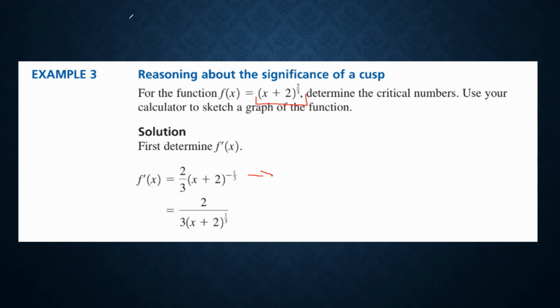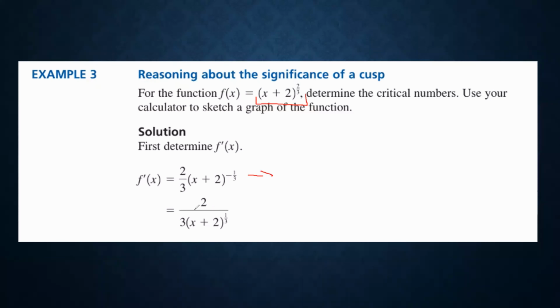Then you can't have a negative exponent, so you simplify it by dropping it to the denominator. That switches to positive, and you get 2/3 times (x plus 2) to the 1/3. Great stuff, Alan. Good job.